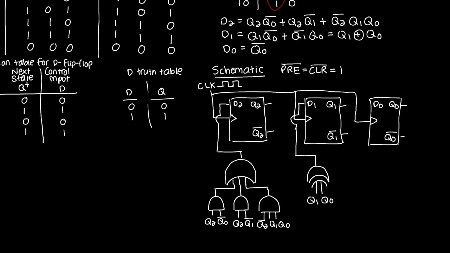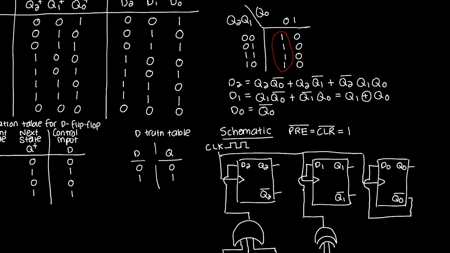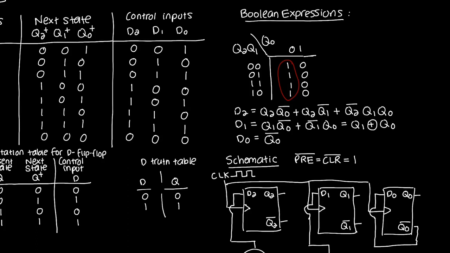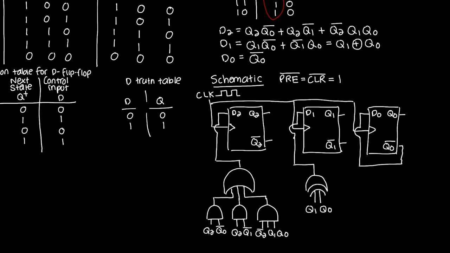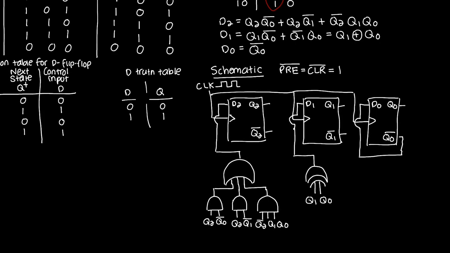And then for Q0, well, that's easy. It's wired in toggle mode. That makes sense because when I look at the control input, I can see that it is toggling at every clock edge. So this is my full schematic. I have just implemented my mod-8 up counter using D flip-flops.